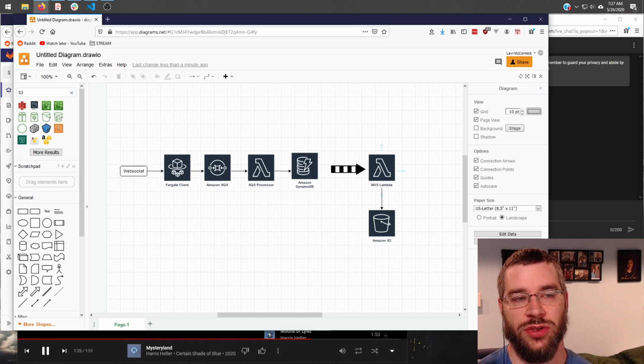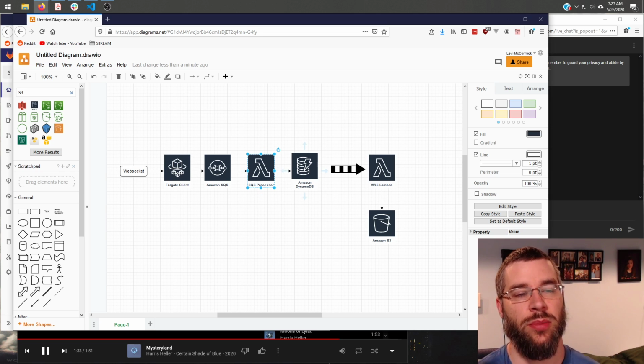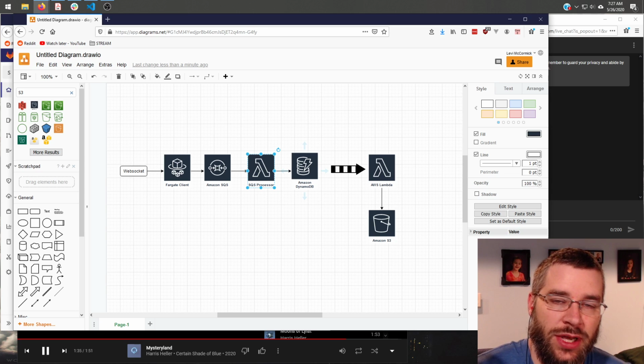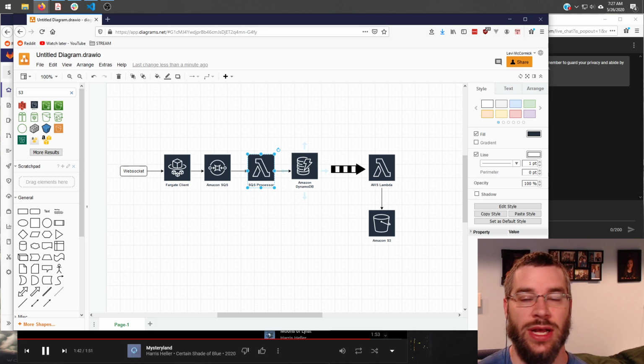There will be calls between this, let me rephrase it, this function, this SQS processor. There will be a bunch of reads that happen against the Dynamo table to pull the previously processed records, do the analysis comparison, and then write the final record there.